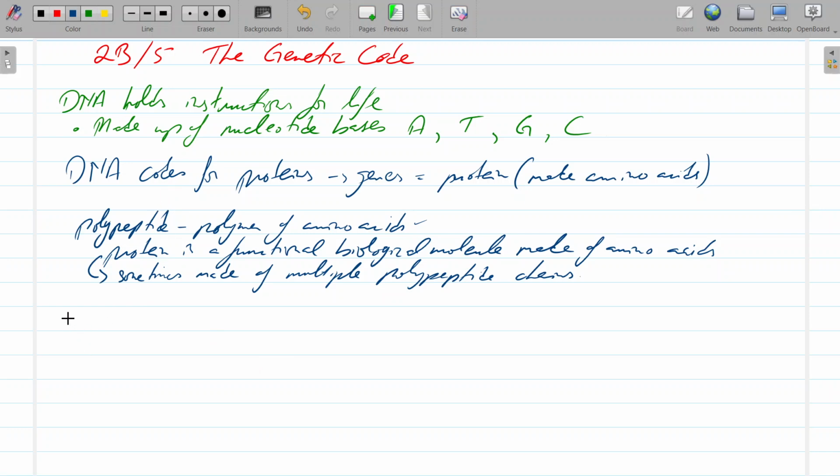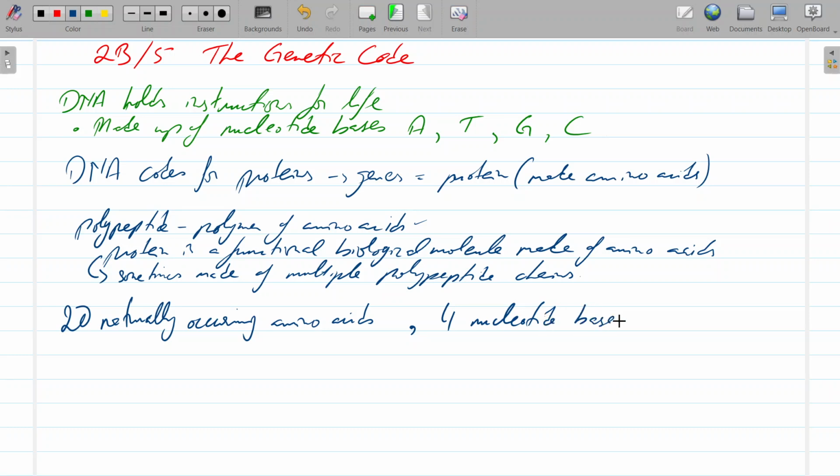And so what we have are 20 naturally occurring amino acids. And we have 4 nucleotide bases. So doing simple math, if one nucleotide base coded for an amino acid, you'd only have 4.